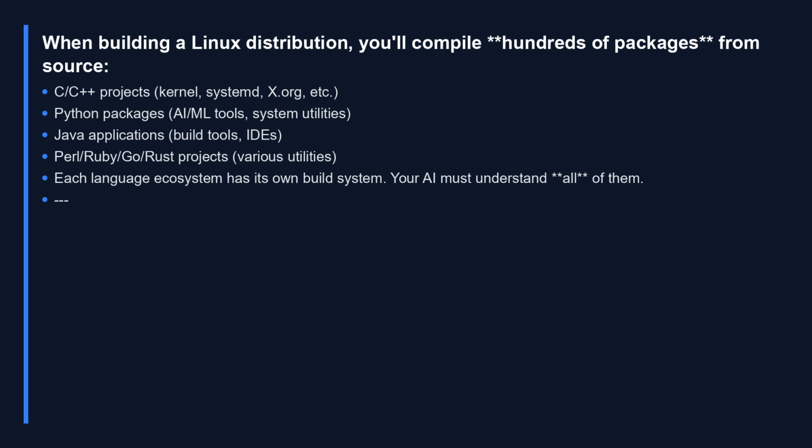Then there's a long tail of utilities written in Perl, Ruby, Go, and Rust. Every single one of those language ecosystems has its own build system, its own conventions, its own failure modes. Your AI assistant needs to understand all of them fluently, not just recognize the commands, but know why each system works the way it does.